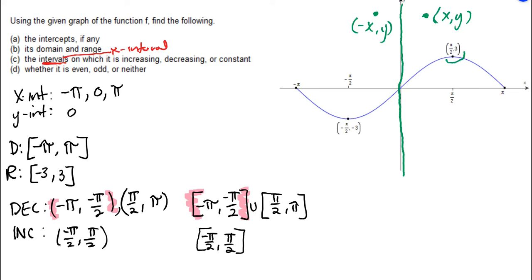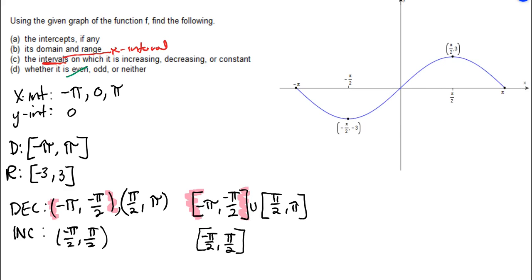You can see here I have this point pi over 2, 3, and I don't have a mirror image of that point over the y-axis, so this function is not even, and it doesn't have y-axis symmetry. For a function to be odd, you would have to have origin symmetry.